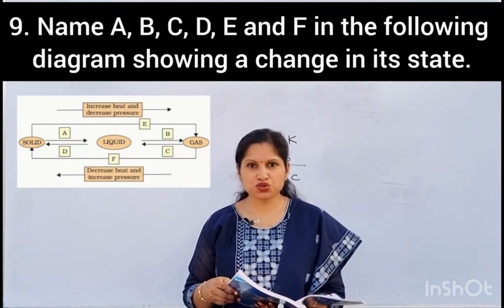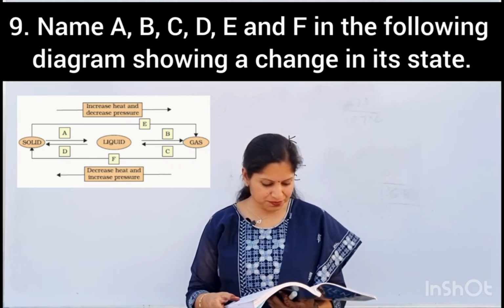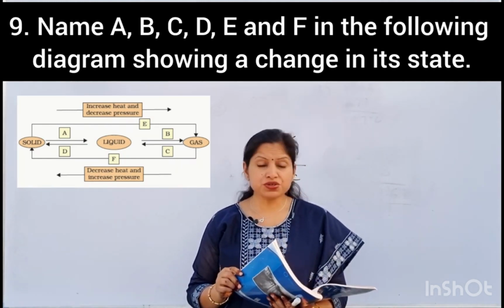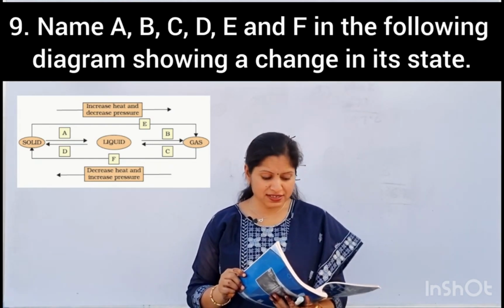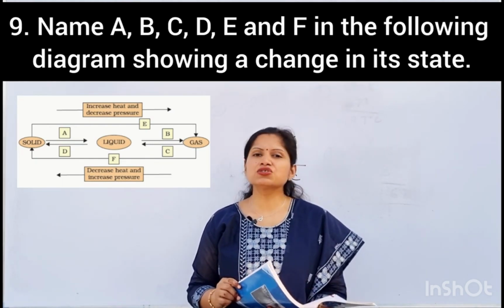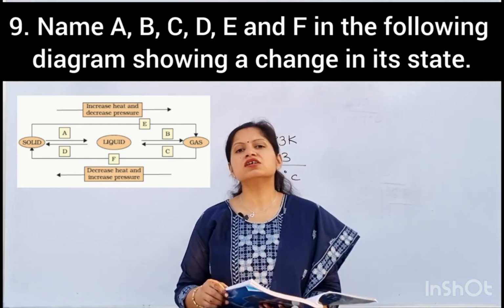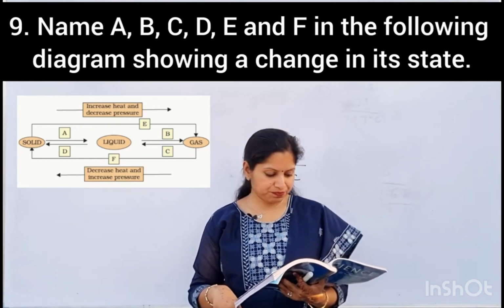So C is showing condensation of gas into a liquid state. Next, liquid is getting converted to solid. So liquid getting converted to solid state is known as solidification. Liquid किस में convert हो रहा है? Solid में. Solid बन रहा है, इसलिए हम उसको कहते हैं solidification.